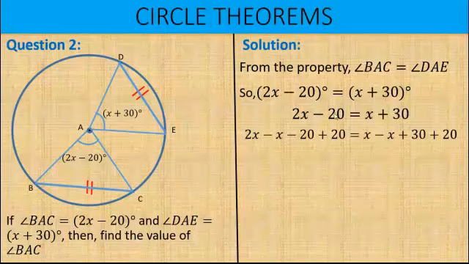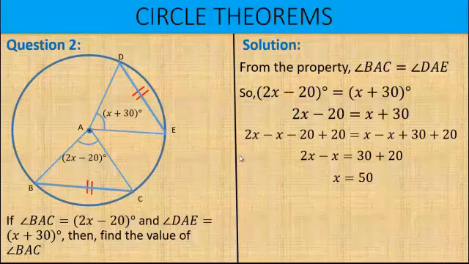Now we want negative 20 to be at the right side of the equation, and because it is negative, we must add 20 to both sides of the equation, and that is what you see, so that we get 2x minus x equal to 30 plus 20, and that will give us x equals 50.